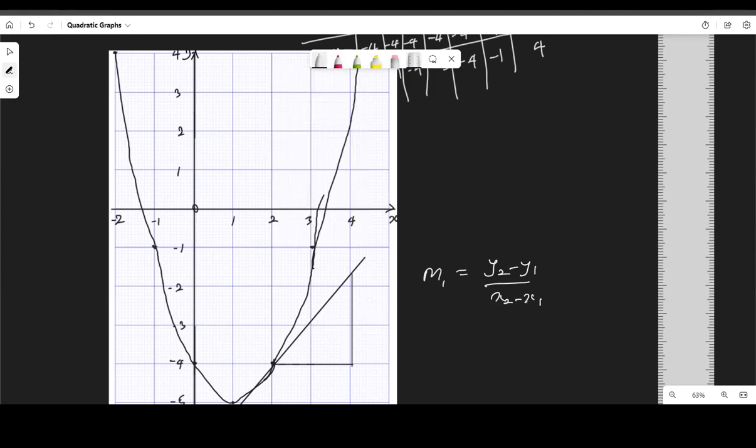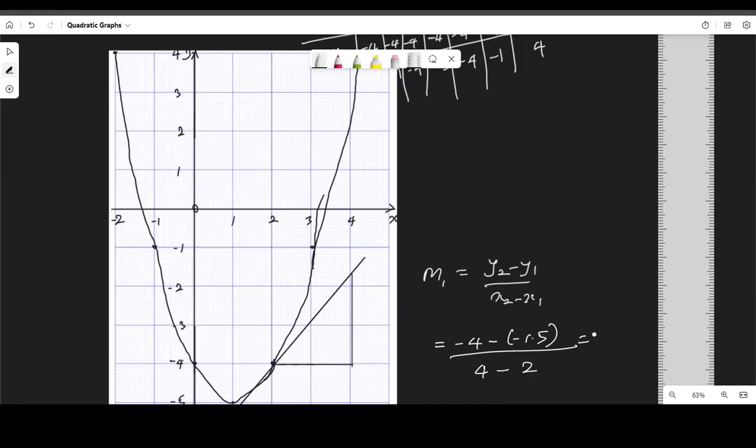Our y2, our y1 is this, which is negative 4, then minus y, that will be negative 1.5 also, 1.5 over x1 and x2. This is x1 and this is x2. x2 is 4. 4 minus 2.